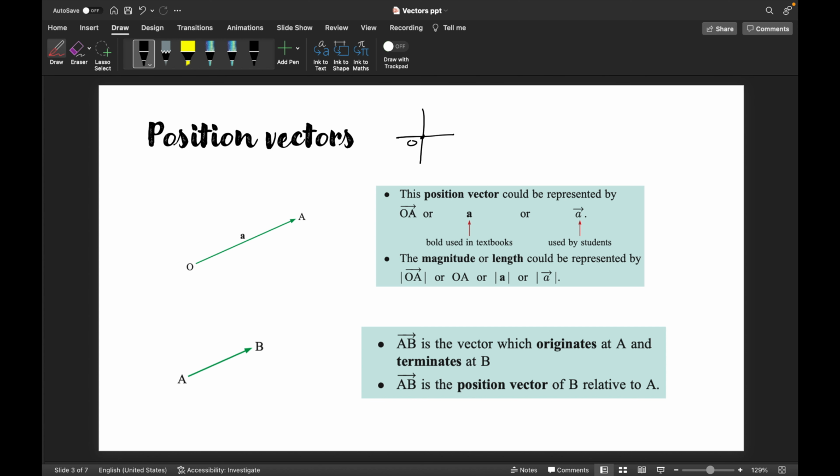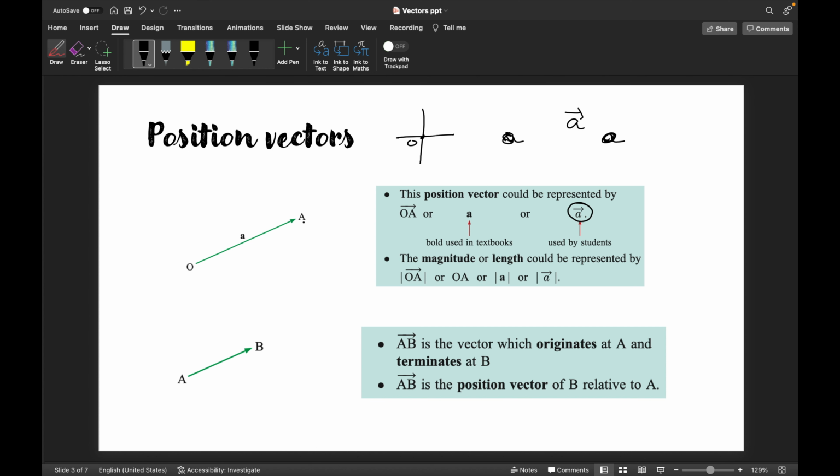We have to use this arrow on top to tell them that it's a vector. Or we could use a bolded A to represent a vector. But while you write on paper, it would be more convenient to write A dash or A with a tilde. Bolded letters are often used in textbooks while printing, but it's going to be hard for you to draw a bolded letter, and so we use this.